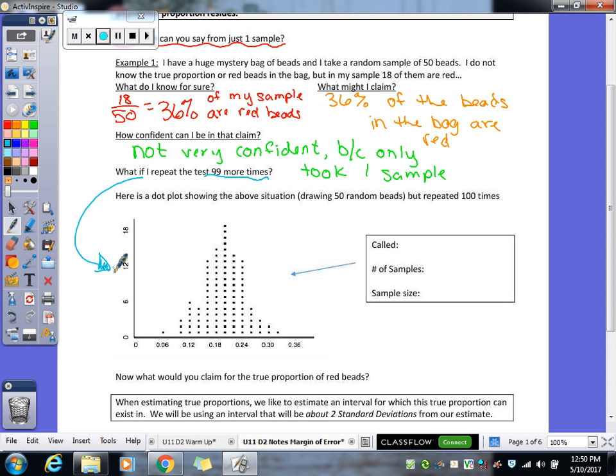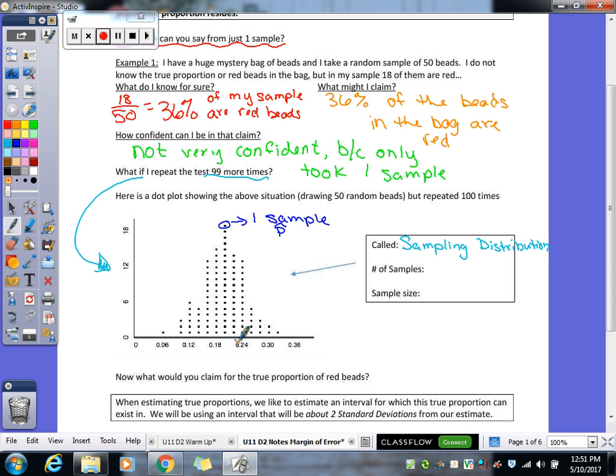This is actually referred to as a sampling distribution, where each dot on here is one sample. Of that sample, we figured out what proportion of that sample was a red bead. So it's one p hat. Remember, when we take a proportion of a sample, we call that a p hat.